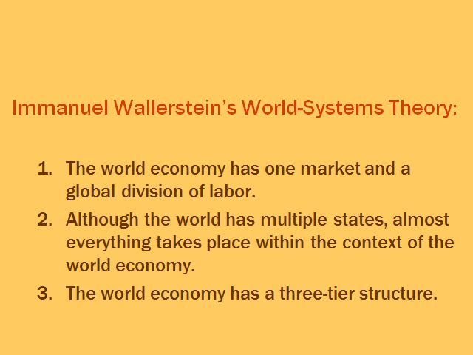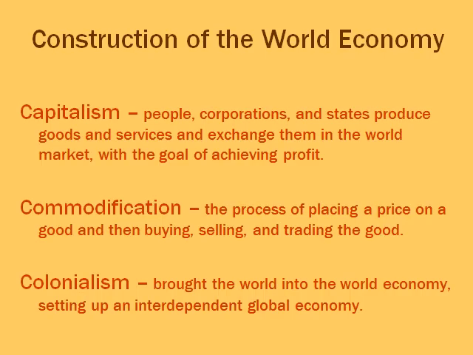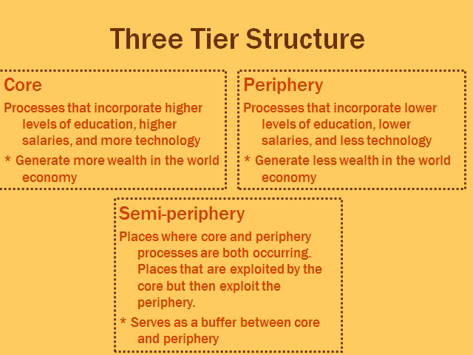That system has a three-tier structure. The three tiers are the core, which are your wealthy countries, with much more technology, much more wealth, and higher levels of education. They are the dominant players in the world economy, but they couldn't be where they are without the peripheral and semi-peripheral.